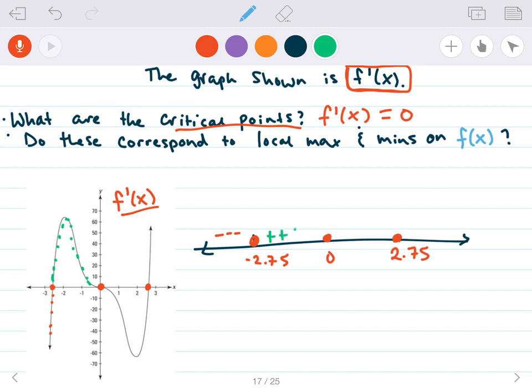So it's positive, positive, positive, crosses the 0 axis. After that, it's again below the x-axis, so it's negative, negative, negative. And then it's positive again because after 2.75, it's above the x-axis. So positive, positive, positive. So this is the derivative, right?